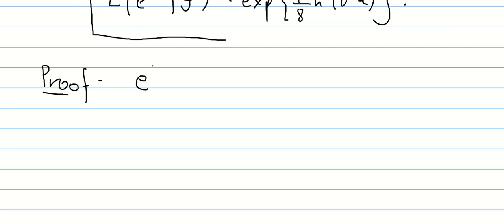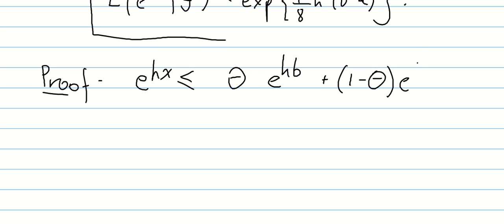We know that for every little x, the exponential of hx is a convex function. So we can bound it by theta e to the hb plus 1 minus theta e to the ha.